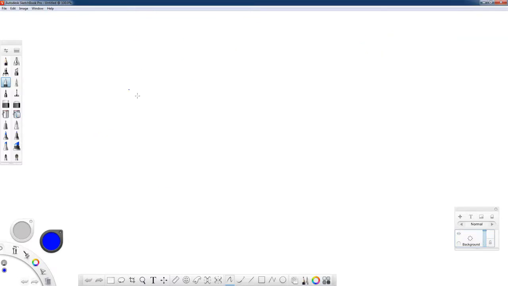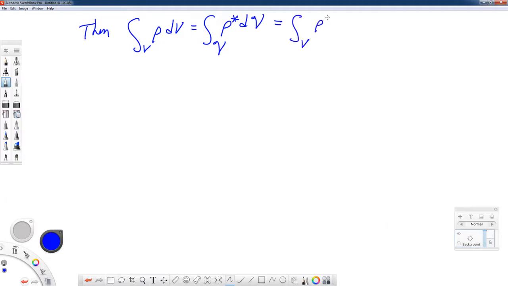So let's see what that does for us. Then the volume integral over the original volume of rho dv we said was equal to, if mass is conserved, a volume integral over the new volume of the new density, which we can express in terms of the original reference configuration. And since these two terms are over the same volume, we can group them together.